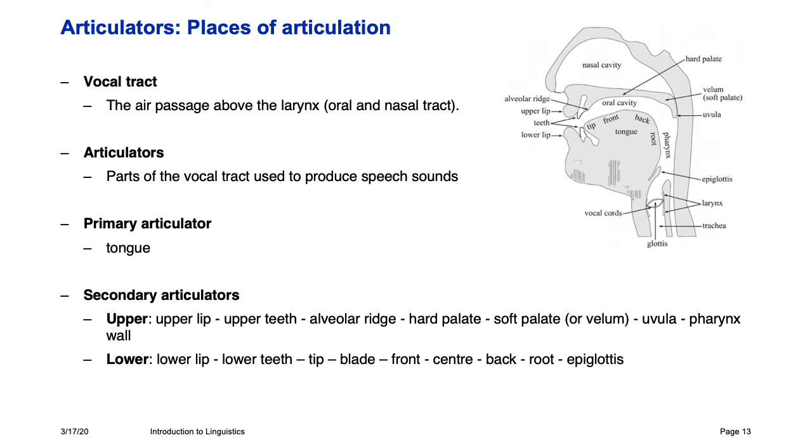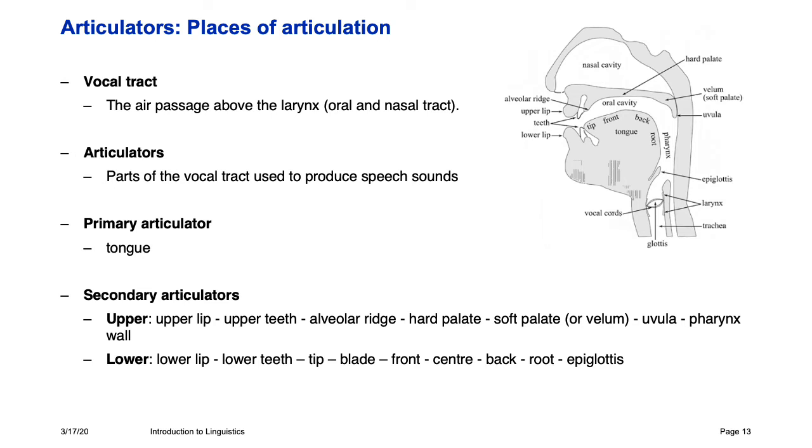You also have a velum at the back of the mouth, which is very important as it can be lowered or raised, and thus determines whether or not the airstream enters through your mouth only or through your nose as well.